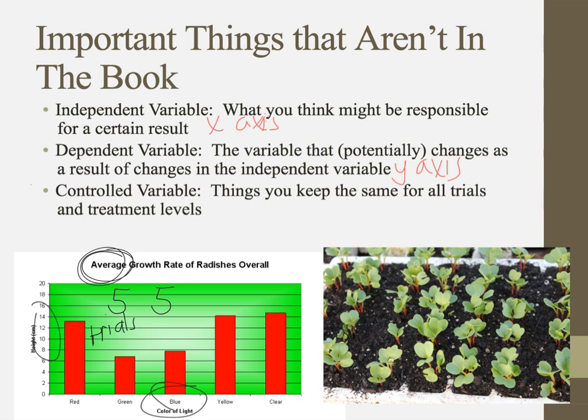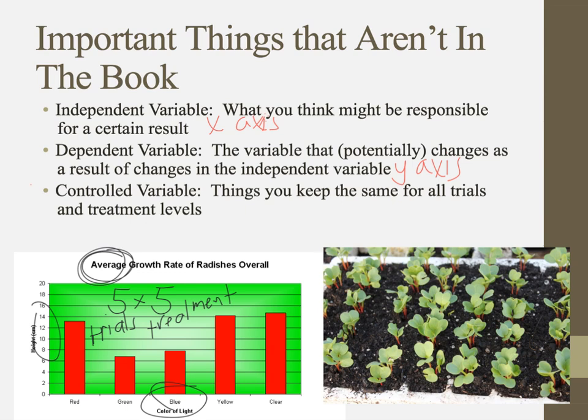Okay, so 5 plants, and they did each treatment level or color of light for these 5 trials. So we call this a 5 by 5: there are many different treatment levels, and they probably had at least 5 plants or trials for each of these treatment levels. Well, controlled variables are things that we make sure we keep the same for all of them.